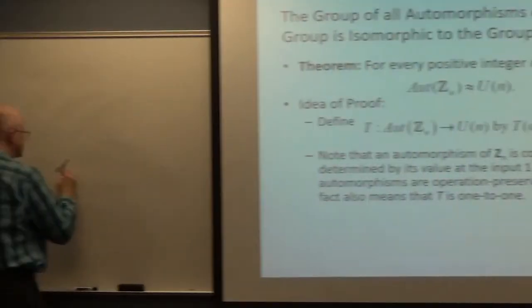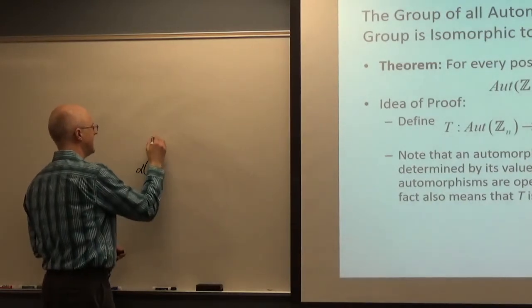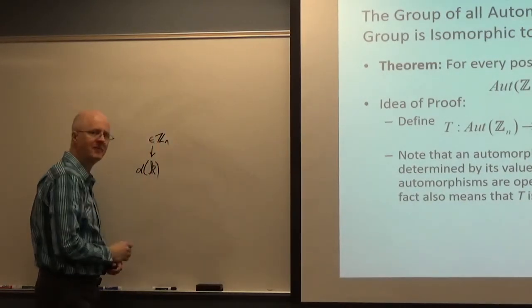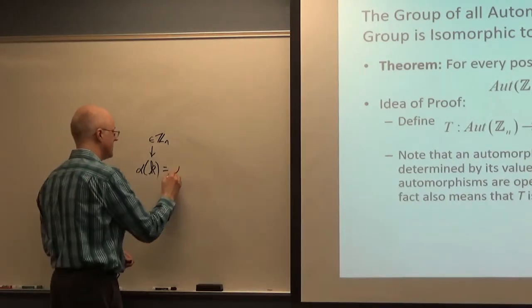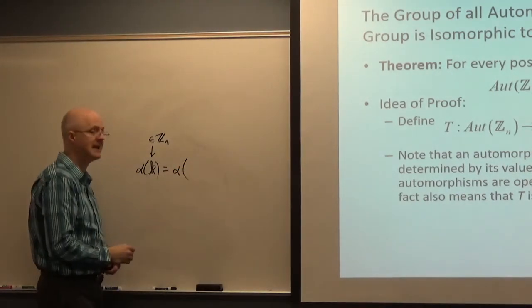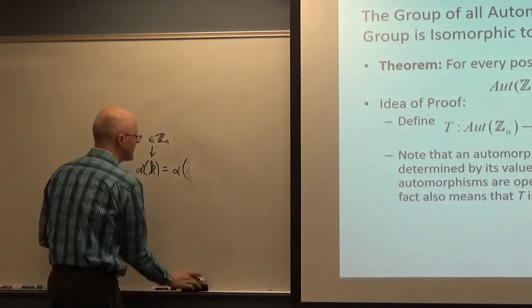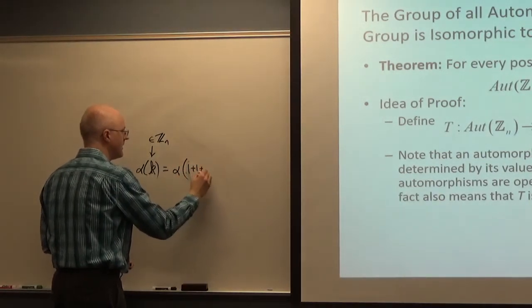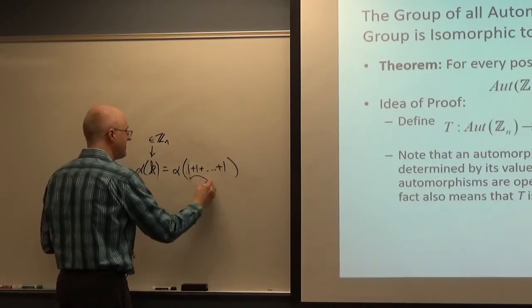Because its value at some other input k in Zn, thinking of k as a positive integer here, and in fact less than n, since alpha is operation preserving, and since the group addition in Zn is addition, I could write alpha of k as alpha of 1 plus 1 plus and so on, k times.